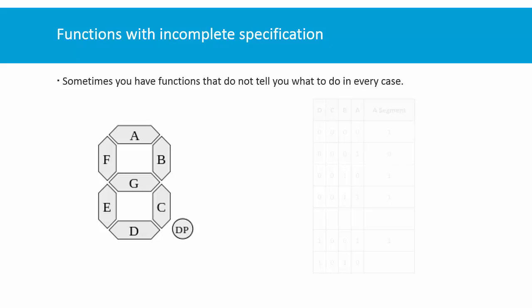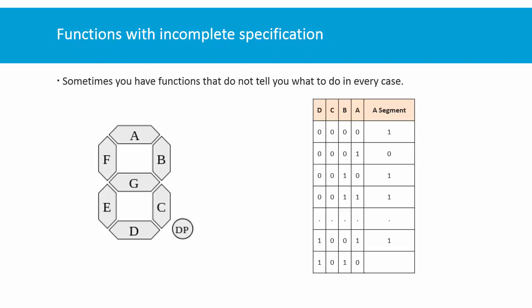Let's see another example. You've seen this in your laboratory. This is a seven-segment display where we have segments from A to G. So what happens with its truth table? Well, we have something like this. For example, if we're at combination 0, that means that we want this and this on.